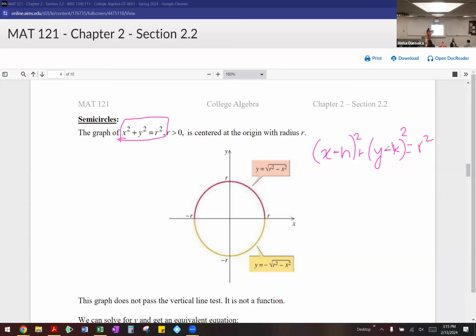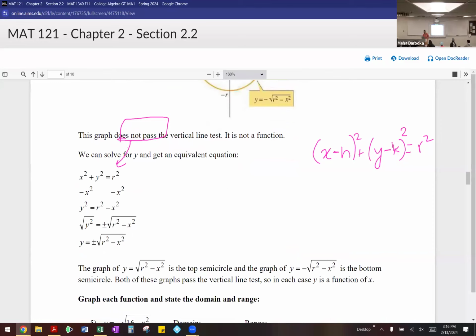So if you're centered at 0, 0, basically your h and k numbers are both 0, so that's why the equation comes down to this. So you will see when we are talking about what the equation for the top semicircle and bottom semicircle looks like, the idea is, in this equation, get your y by itself on one side and move everything else to the other side, and you'll see I've shown you that math right down here.